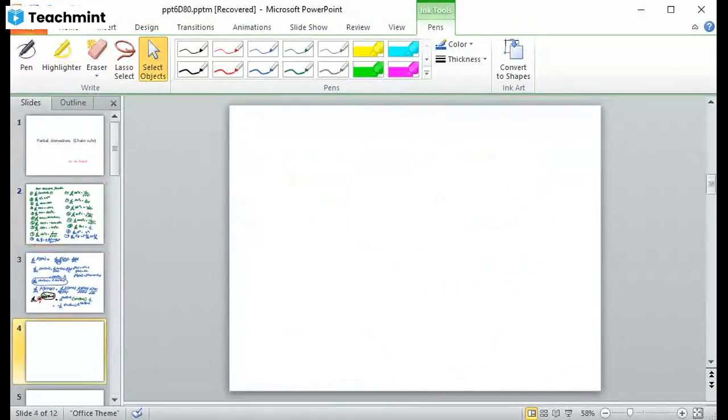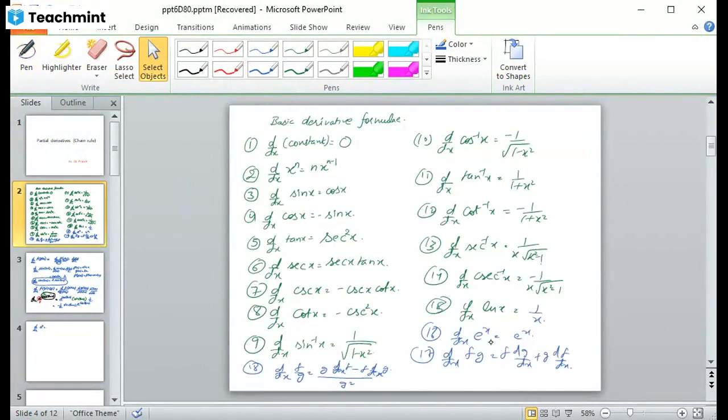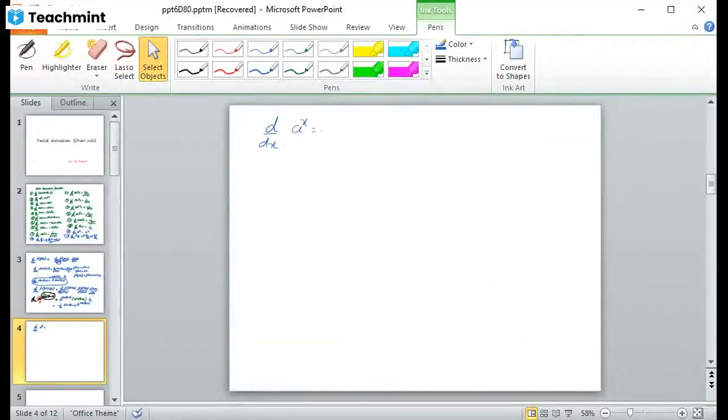For example, I am considering the derivative of a raised to the power x. Okay. Now if we look at a raised to power x, there is only one function which is e power x, and the derivative of e power x is e power x. So what can we do? Firstly, we try to convert it into e. So we know that e and log are inverses of each other.